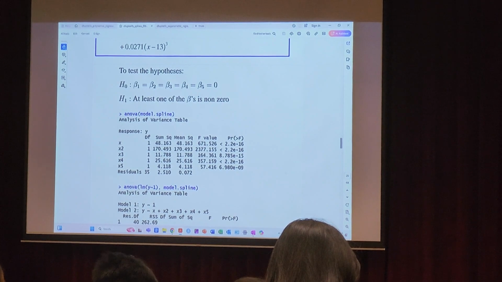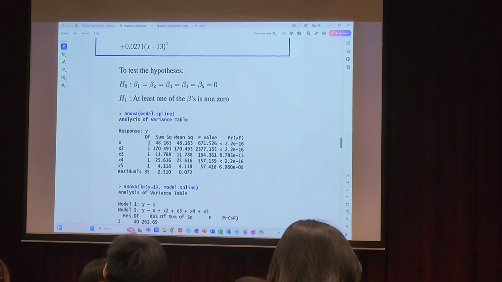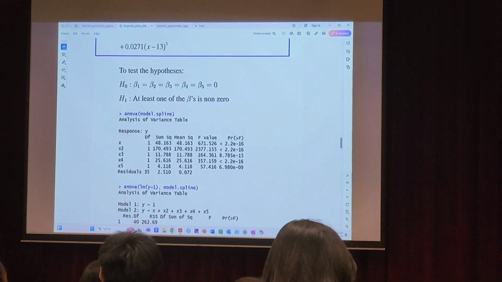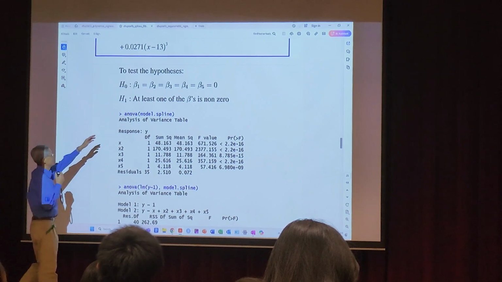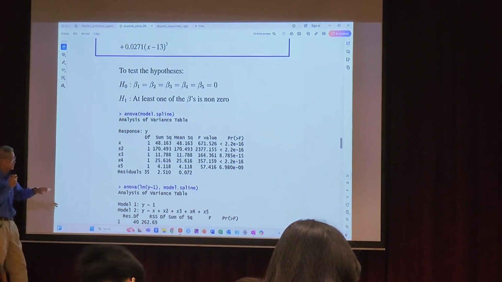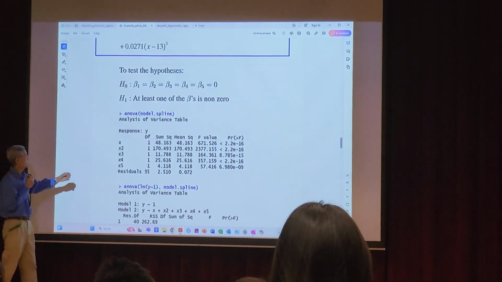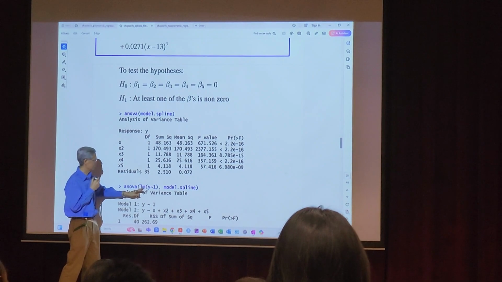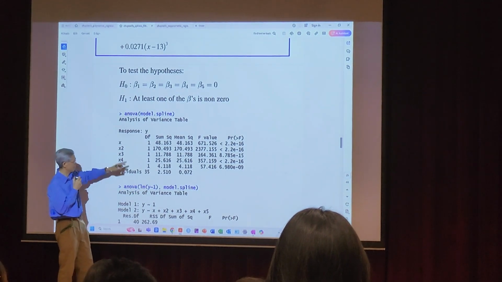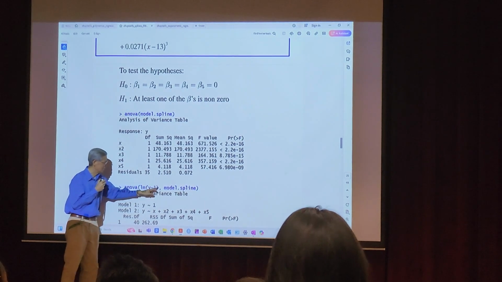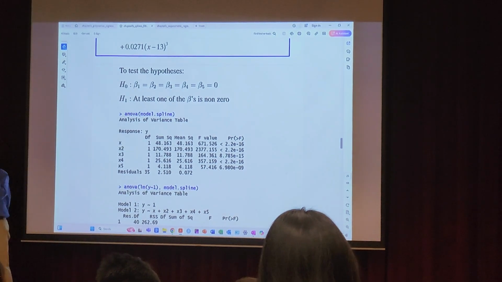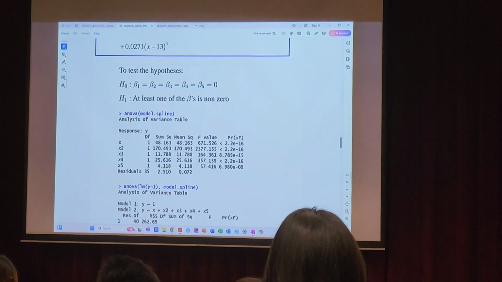If they are not significantly different from 0, then this spline model is useless. Now, if I reject the null hypothesis, then at least I know that maybe I need some of the terms.